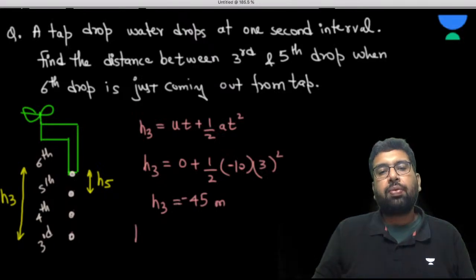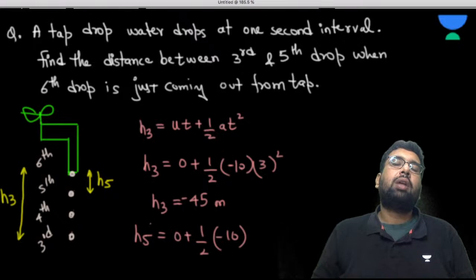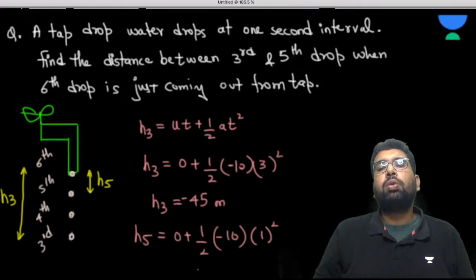Now similarly, if we speak of H5, UT is again going to be 0 plus half, acceleration is always 10. And this fifth drop, how much time is it from the tap? It must have taken 1 second. The fifth drop would have been in motion for 1 second, right? So this is going to be your H5. So H5 is going to be minus 5 meter.